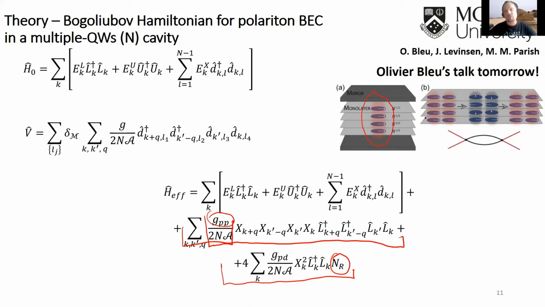But the interaction between polaritons, scattering between them, can be mediated by these intermediate states, which are out of phase, and there are n-1 orthogonal configurations of these excitons in quantum wells. How the nonlinearity is expressed will be shown tomorrow, but scattering between them must be taken into account through these dark states.